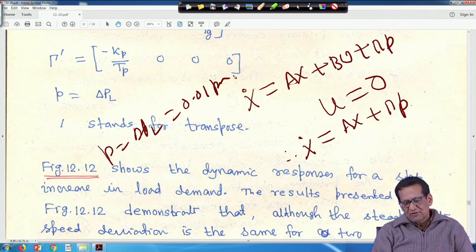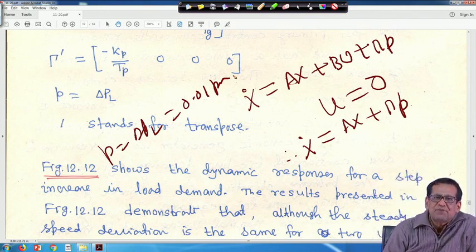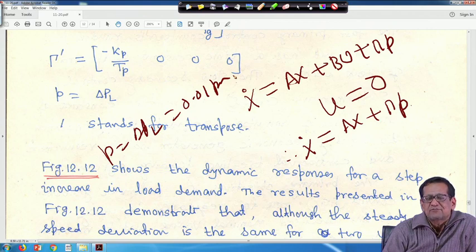Now from the final value theorem you can easily find out the steady state values for all the state variables.